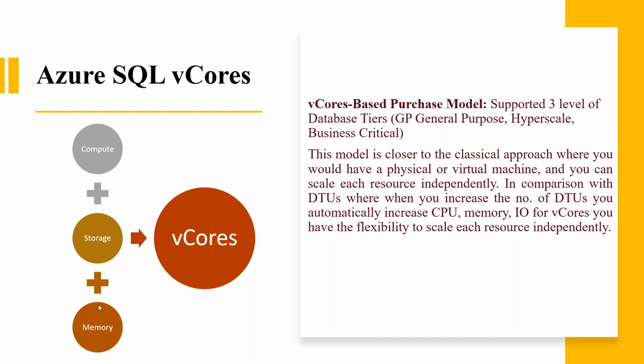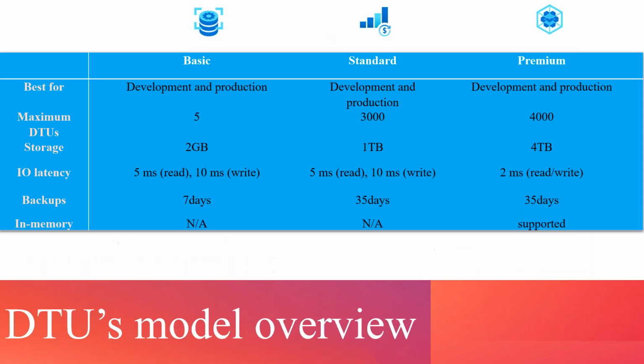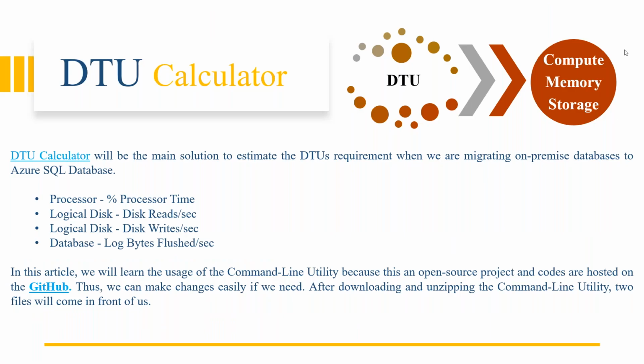With DTU it's a blend of compute, memory, and storage, so there is a dependency. With the vCore purchasing model, all resources work independently.